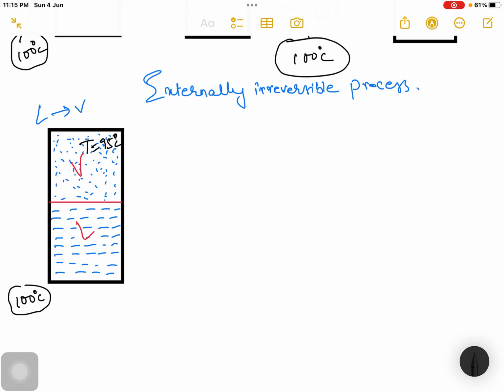Now I am supplying a heat transfer of 50 joules of heat energy.